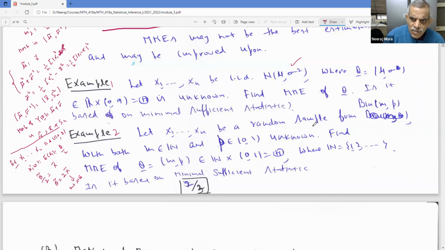Now then, this is a binomial(m, p) example. M and P both are unknown. Find the method of moments estimator of theta. Is it based on a minimal sufficient statistic? So first of all, can anyone tell what would be the minimal sufficient statistic when both are unknown?